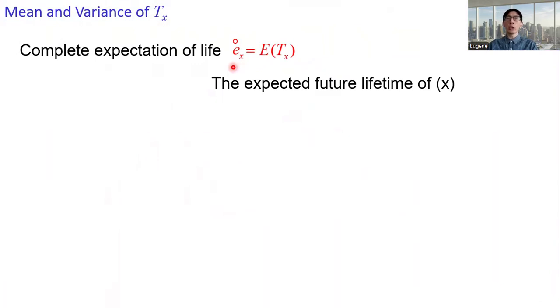By definition, to evaluate the expected value, we will simply take the integral, and the integrand will be the random variable, in this case t, times the density function of T_x.